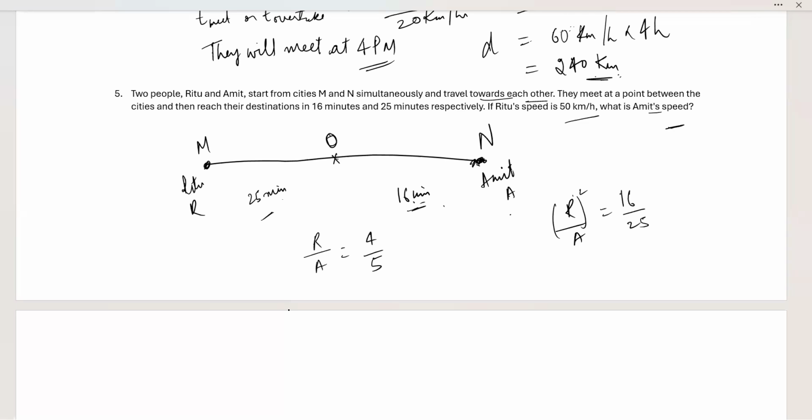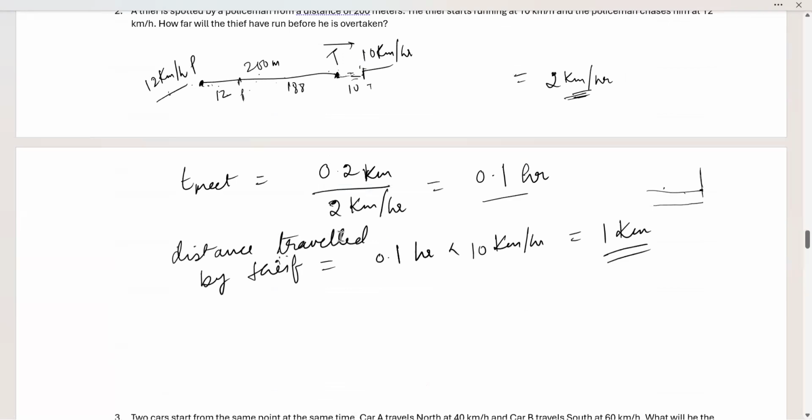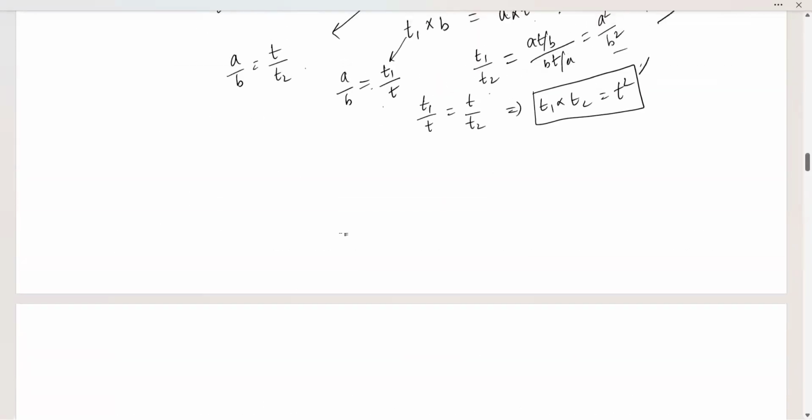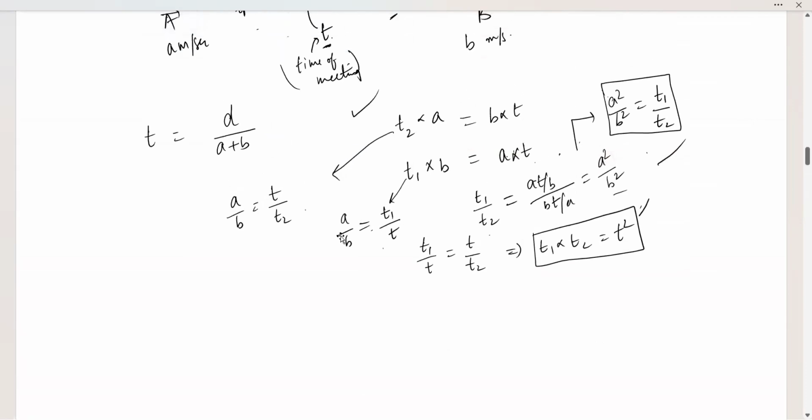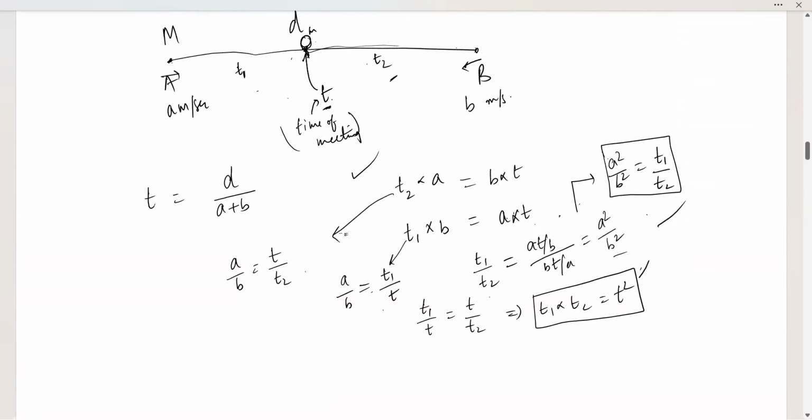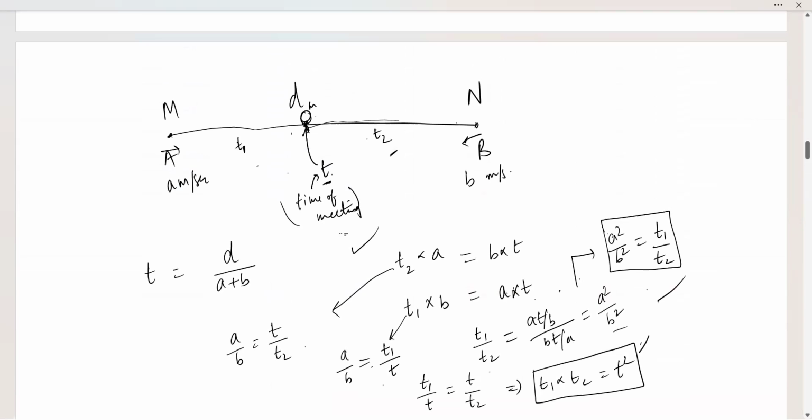Am I doing some mistake? Wait, let me just check. Ulta ratio. Sorry. It's the inverse ratio.